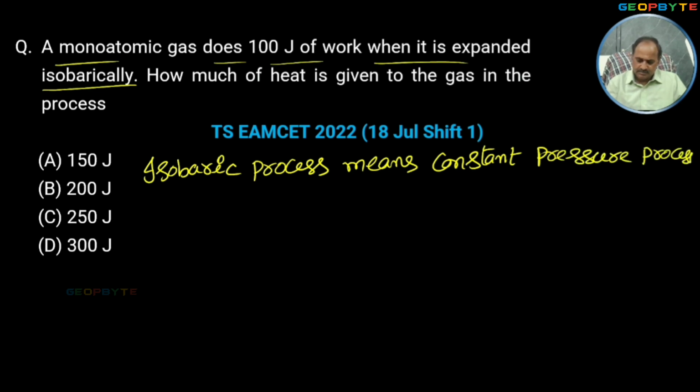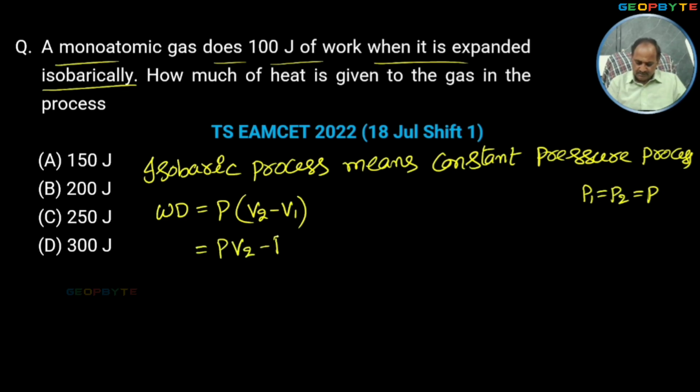Work done at constant pressure is P into V2 minus V1. Since we are discussing a constant pressure process, P1 equal to P2, that is equal to P. Therefore, it can be written as PV2 minus PV1, that is P2V2 minus P1V1.